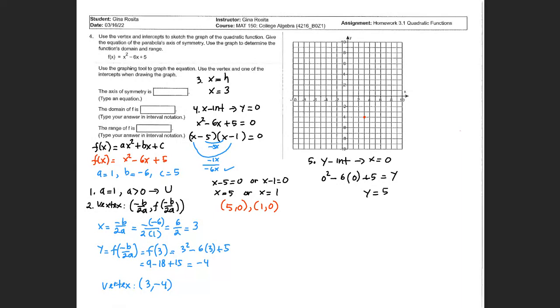The x-intercepts are (1, 0) and (5, 0). The y-intercept is (0, 5). See? So after that, just make the graph.